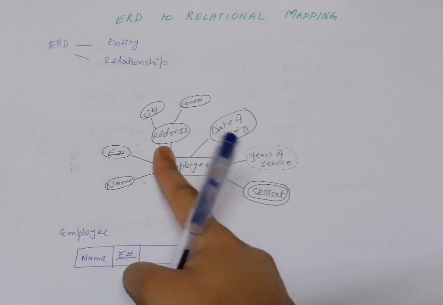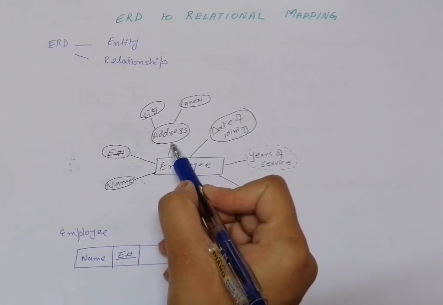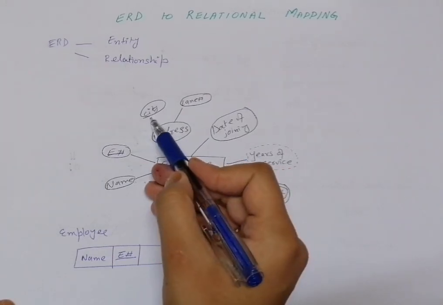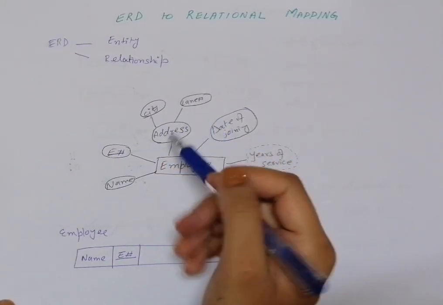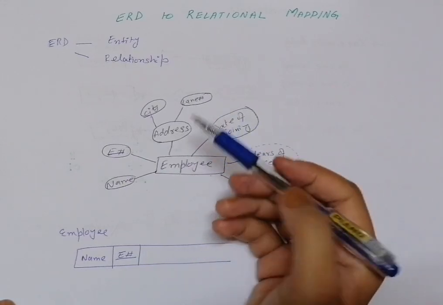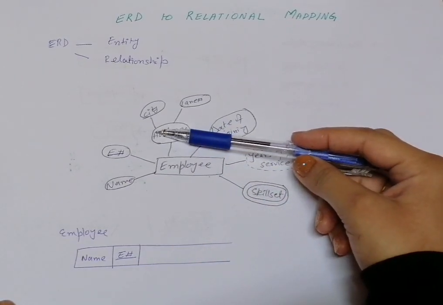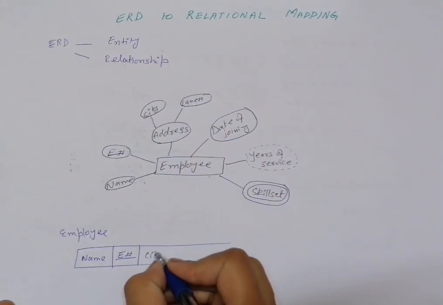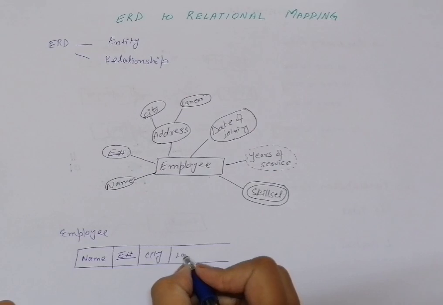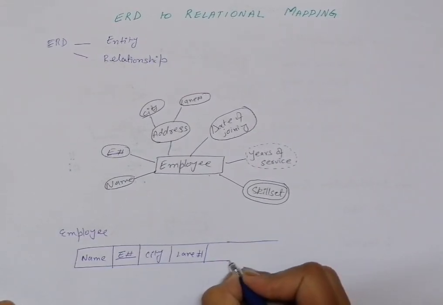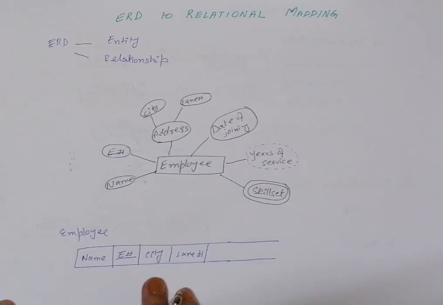Now another thing is this composite attribute address, which comprises two more attributes, city and lane number. Whenever we encounter this type of attribute, we ignore address and write city and lane number as single valued attributes directly as part of our final table, or final relation.